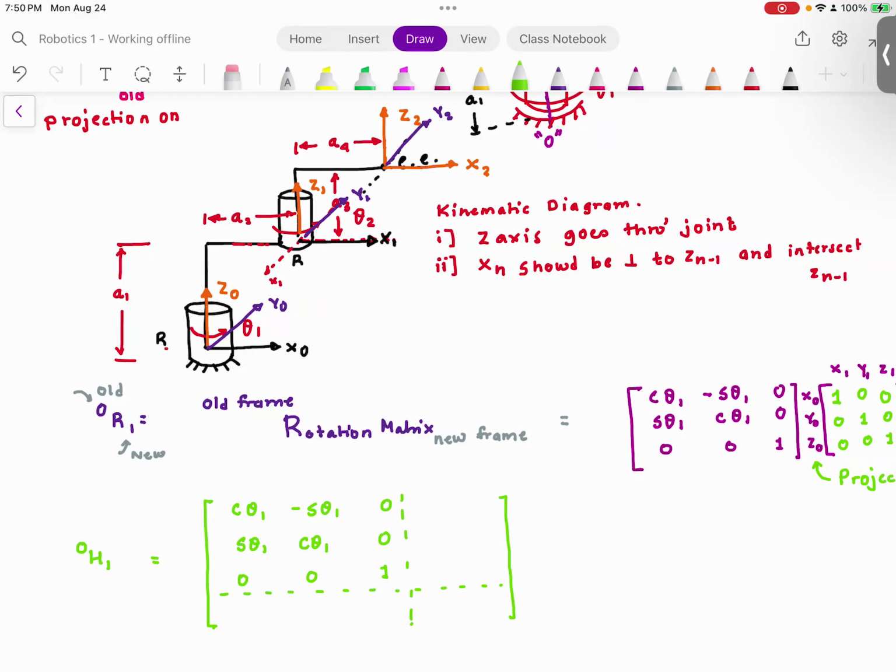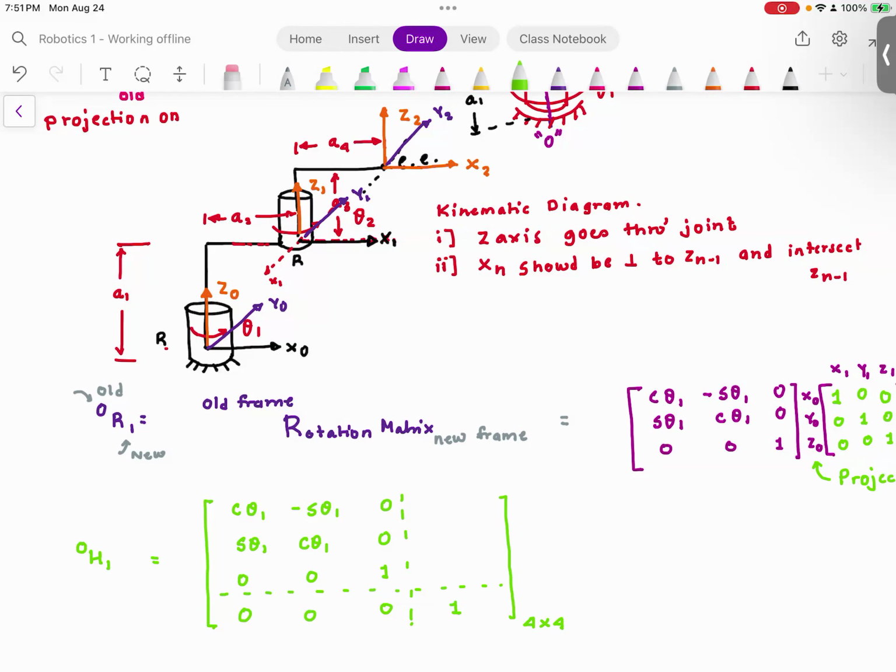Homogeneous transformation is constructed by taking the rotation matrix and adding a bunch of zeros at the end and adding the 1 at 4th row, 4th column. Homogeneous transformation is a 4 by 4 matrix. And I'm going to write this homogeneous transformation. So everyone should look at the board.